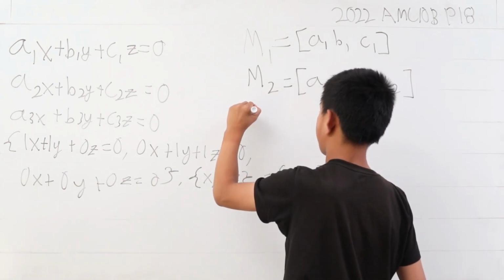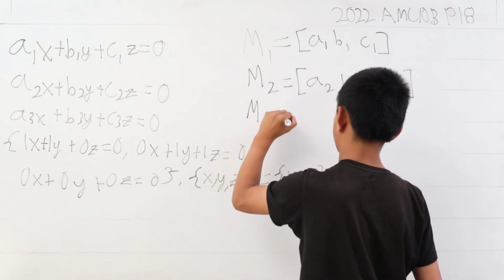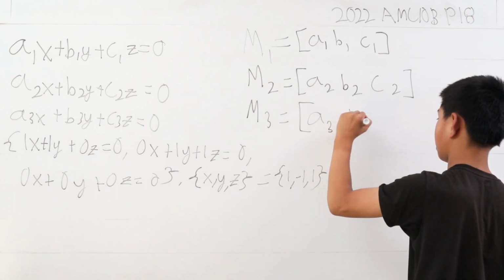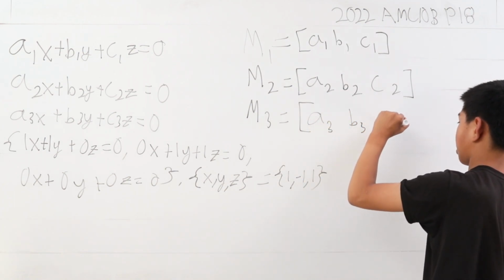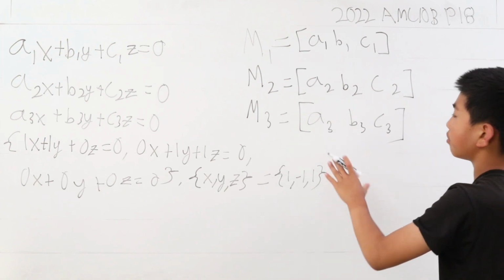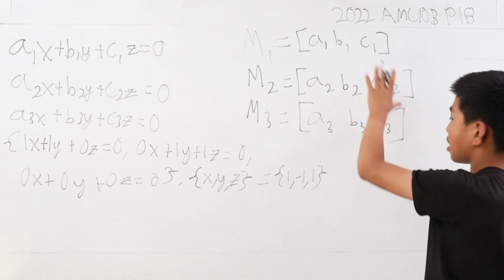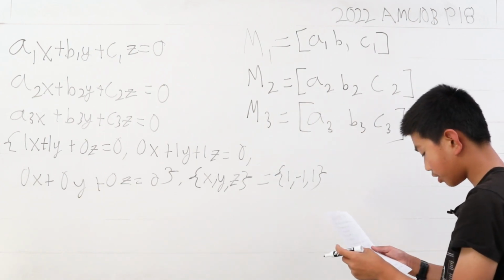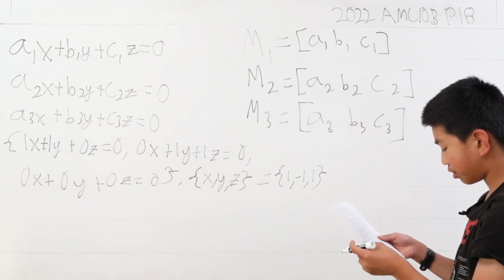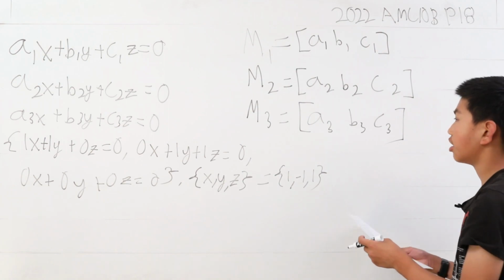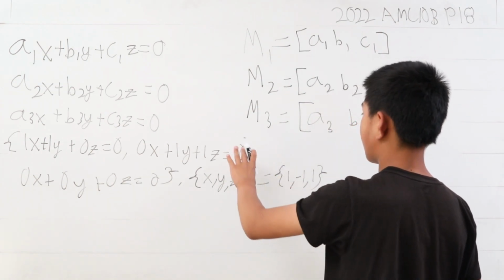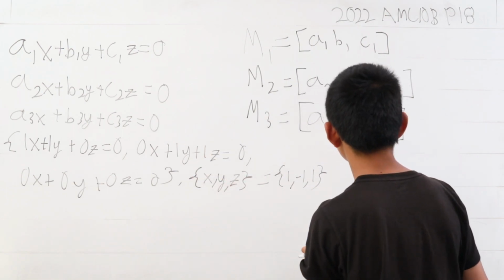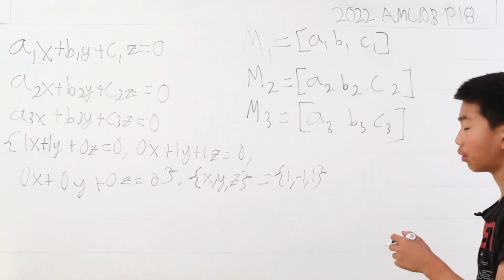Now we have M3, a group of a3, b3, and c3. So we have these three matrices here. We want to find how many such systems of equations there are that make this system work. We have to split into cases for this problem.